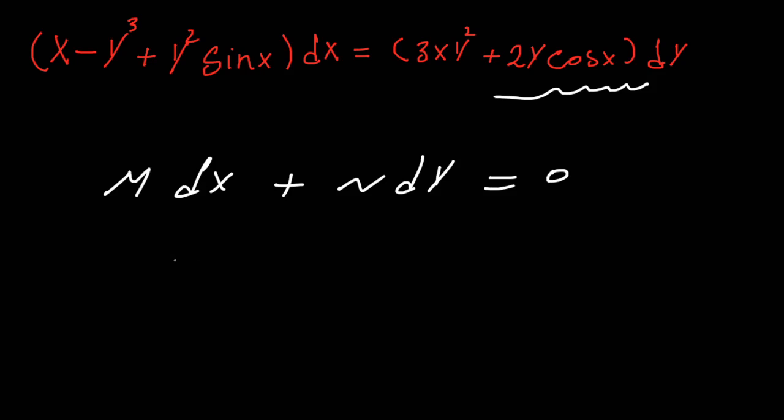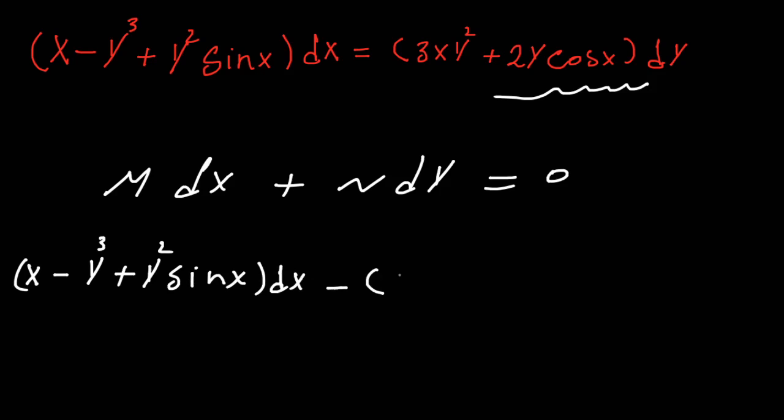So we will have x minus y cubed plus y squared times sine x, this is by dx, and then we will have negative 3xy squared, then plus 2y cosine x dy, and this whole thing equals 0.